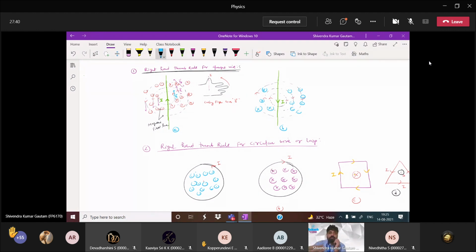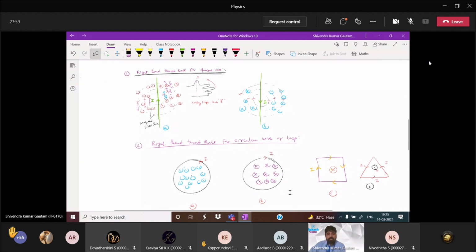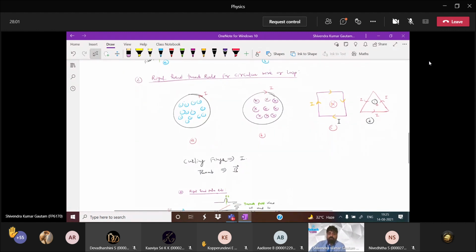If it is towards you, the magnetic field is outward. If it is away from you, it is inward. The dotted line is the magnetic field line, and the tangent to the magnetic field lines gives the magnetic field direction. Out of the three rules, any one rule you have to use. If you don't want the right hand thumb rule, use the palm rule.